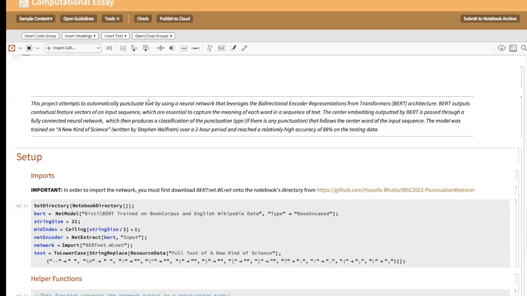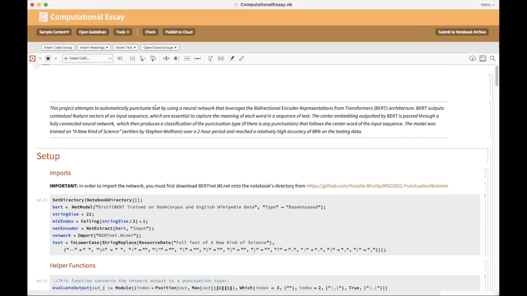Oh yeah, of course. So this project tries to automatically punctuate text by using what's called BERT, Bidirectional Encoder Representations from Transformers. The way BERT works is it outputs contextual feature vectors of an input sequence, which are used to capture the meaning of each word in a sequence of text.